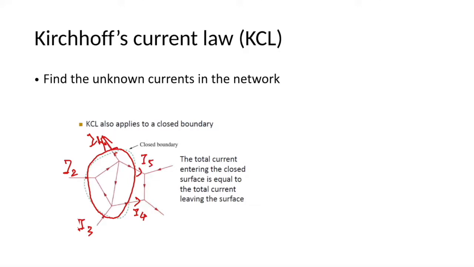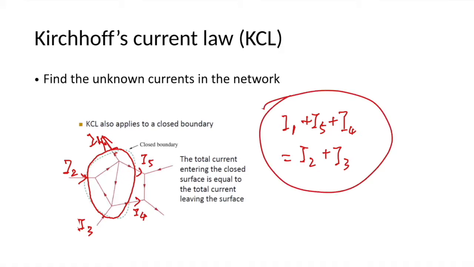We can see which ones are leaving. The current leaving the boundary is I1 plus I5 plus I4, and the current entering the boundary is I2, I3, right? So we can generalize the KCL, not only applying to a node, but also to a closed boundary.